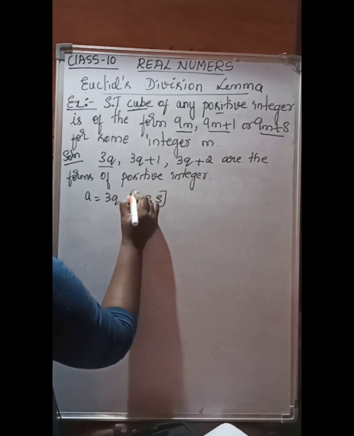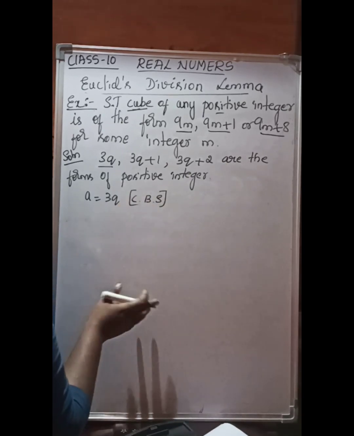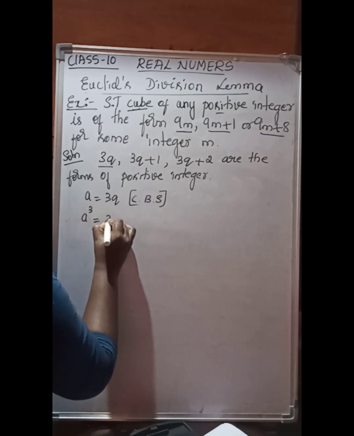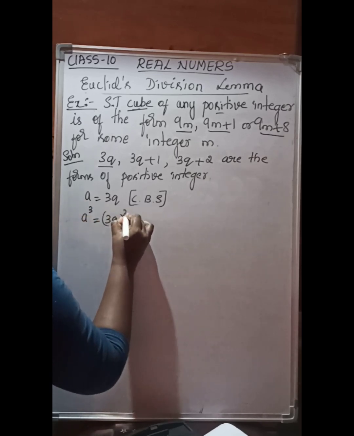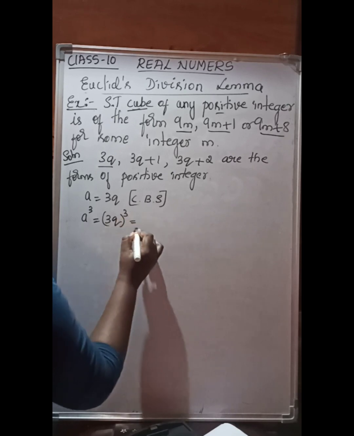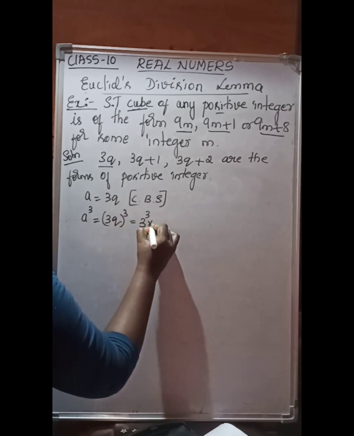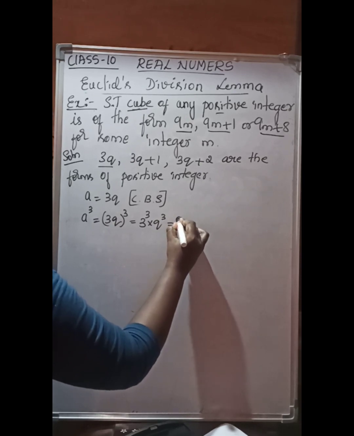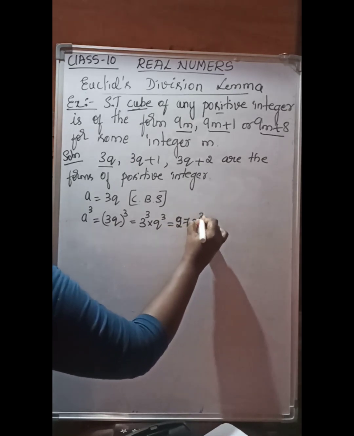If it is square, square on both the side. If it is cube, it is cube on both the side. So a cube equals 3q whole cube. Now split this cube, 3 cube into q cube. 3 3s are 9, 9 3s are 27, 27 q cube.